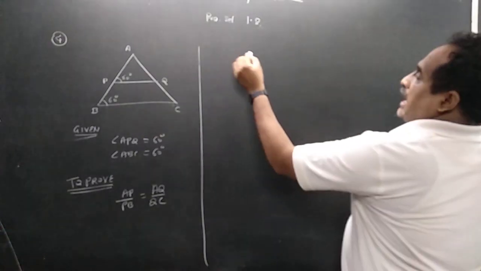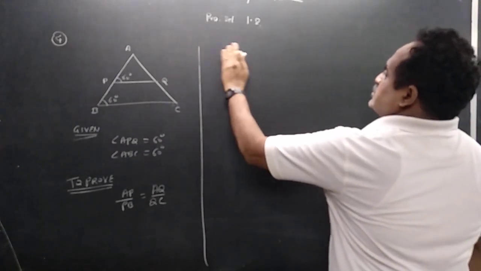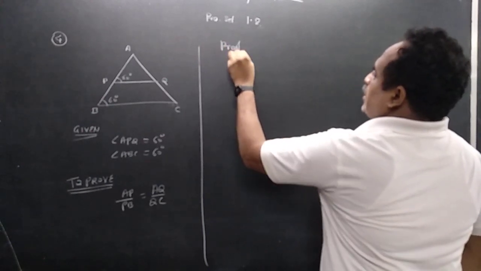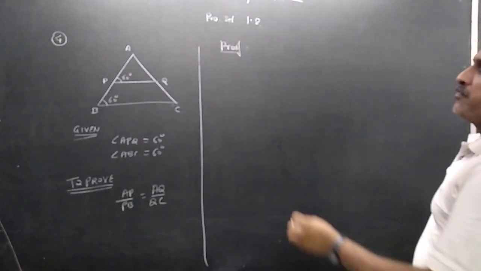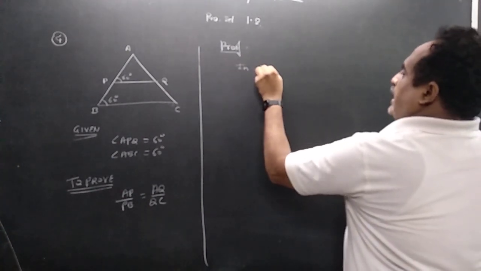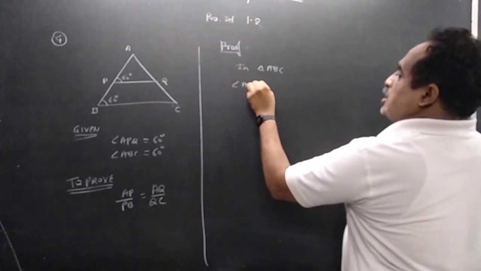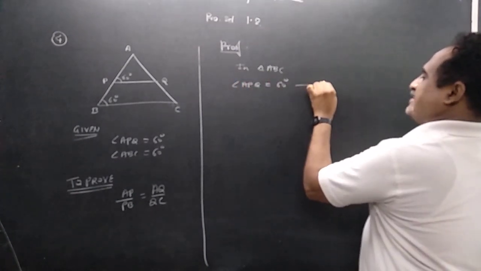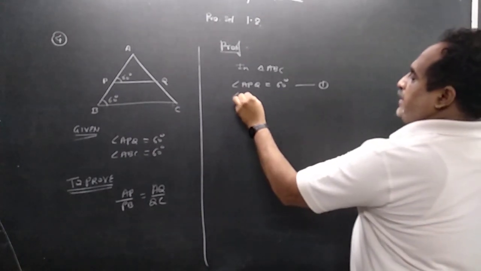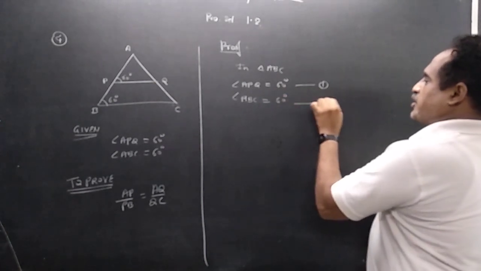So, solution, proof. In triangle ABC, angle APQ is equal to 60 degrees, equation 1. Angle ABC is equal to 60 degrees, equation 2.